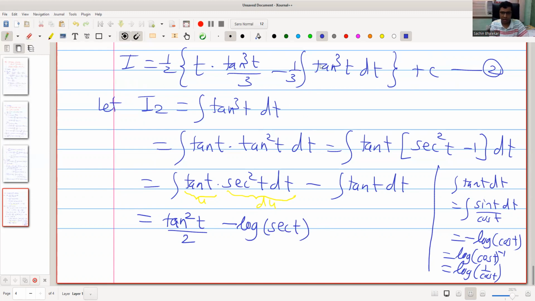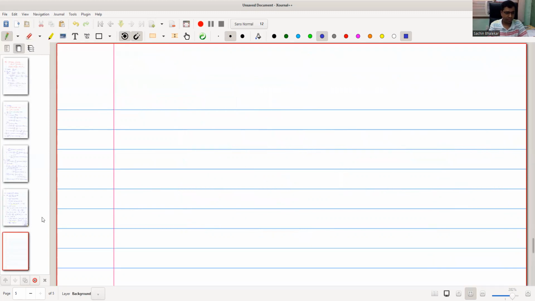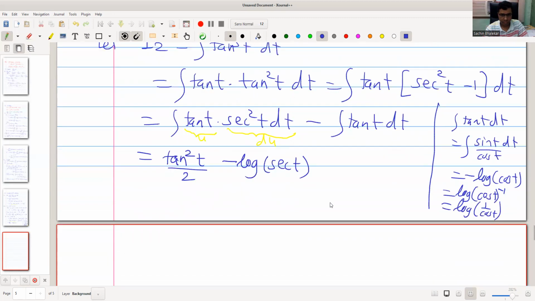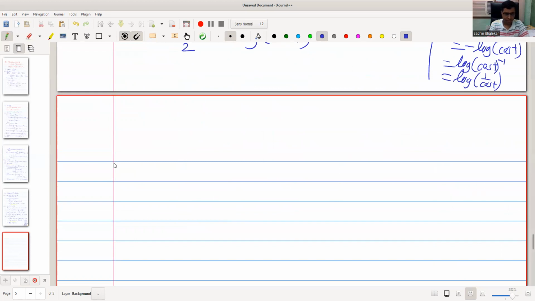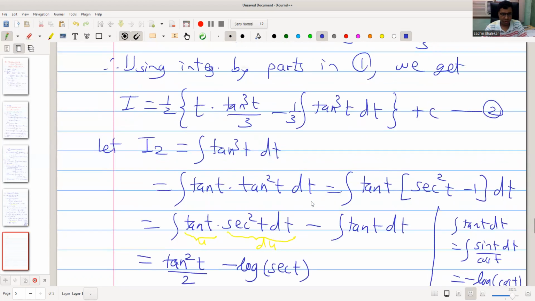So this is the value of this I2. Now let us substitute back. Therefore I equals, now we have evaluated all the terms, so I'm taking this 1/2 inside.